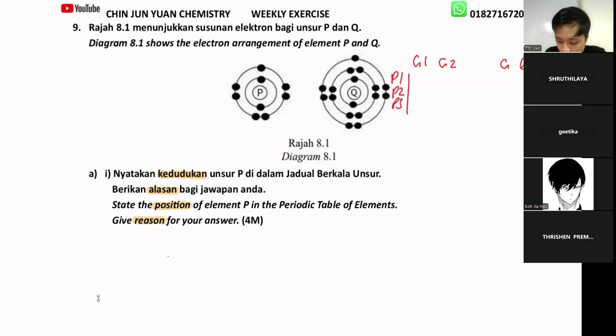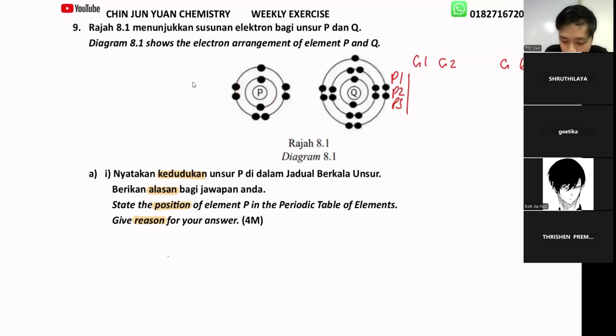If the question asks like this, you have to know the electron arrangement, or susunan elektron, of P. Very simple, what you can do is you count. How many electrons?